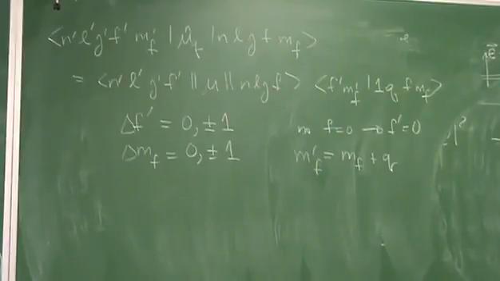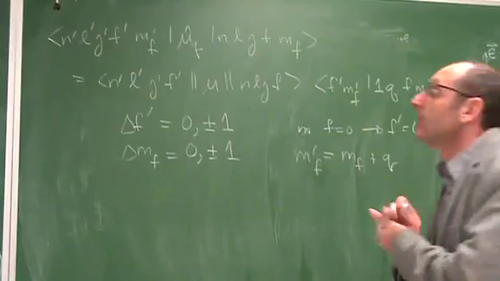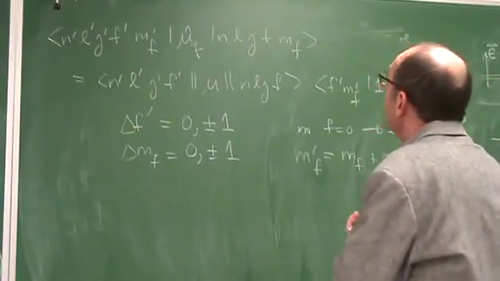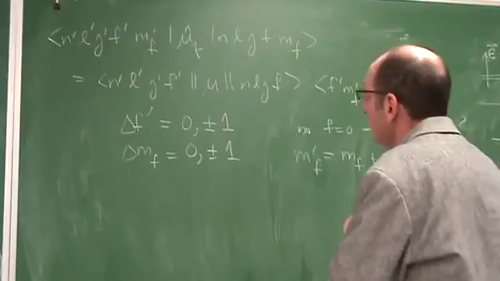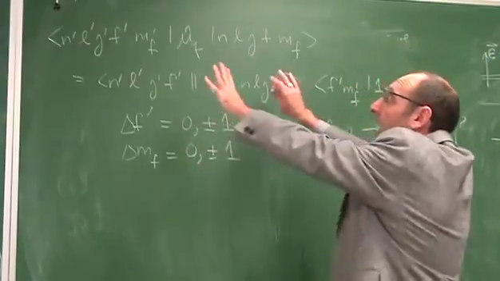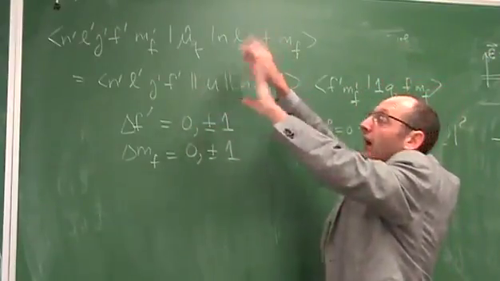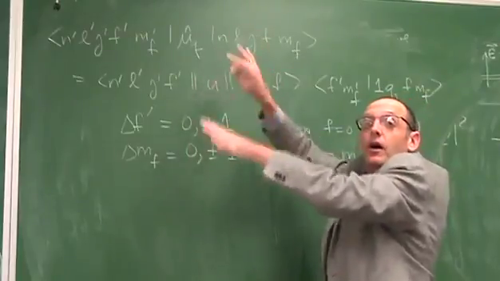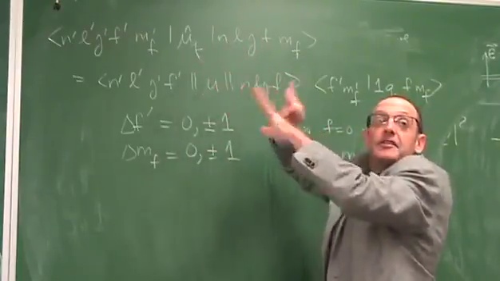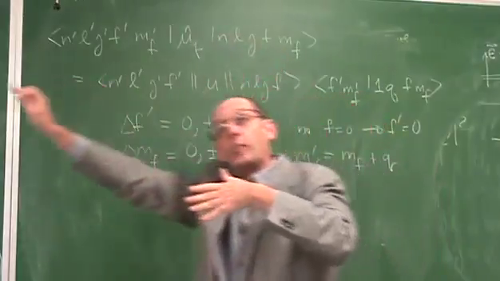However, we could say a few other things. Firstly, delta L. Well, again, I can do the uncoupling of the coupled basis into an uncoupled basis, uncouple the orbital from the spin.